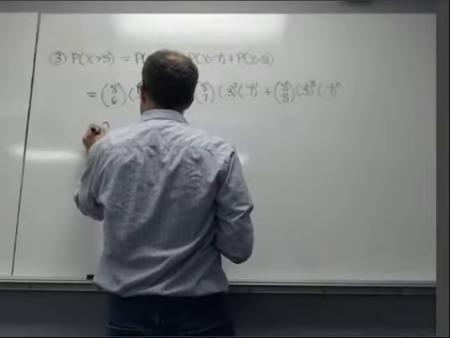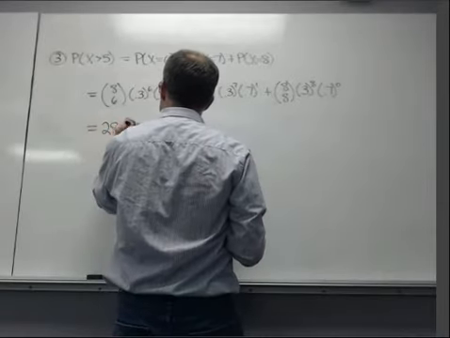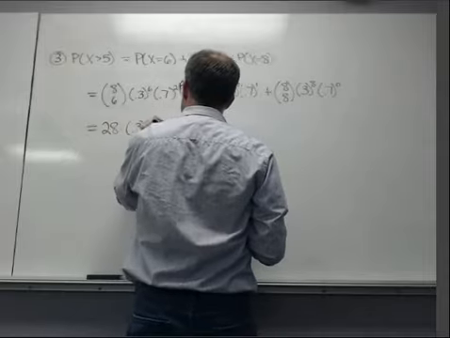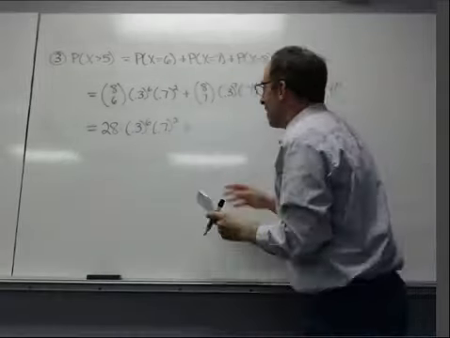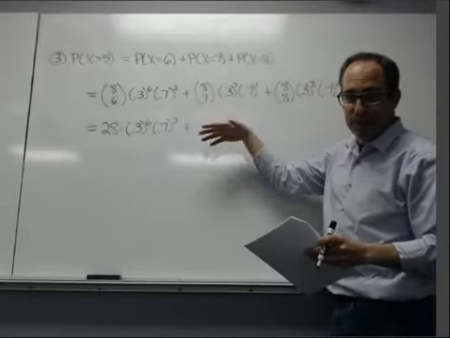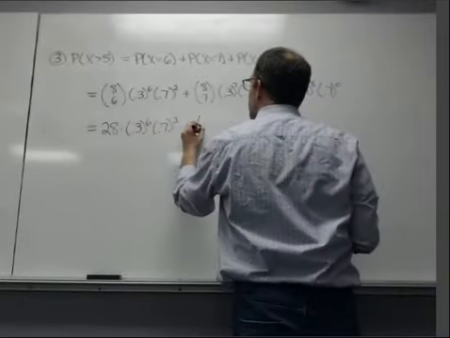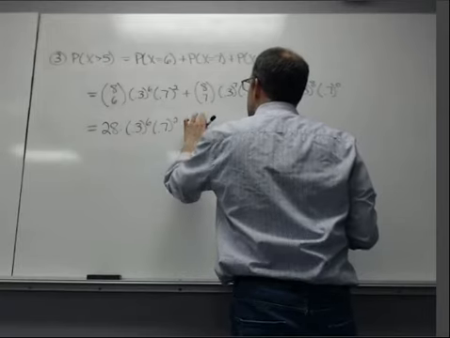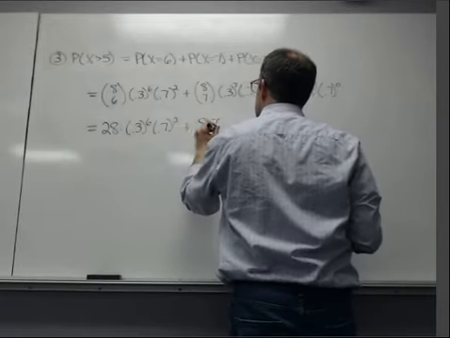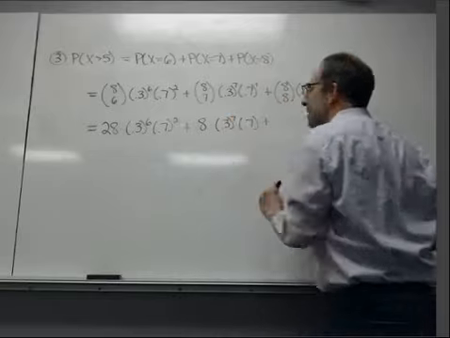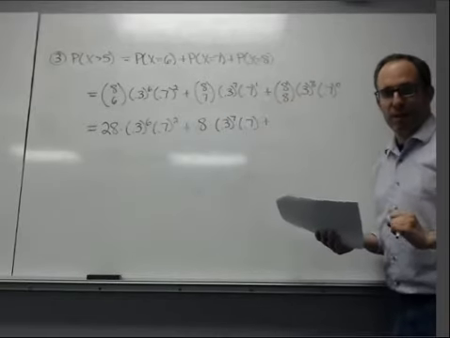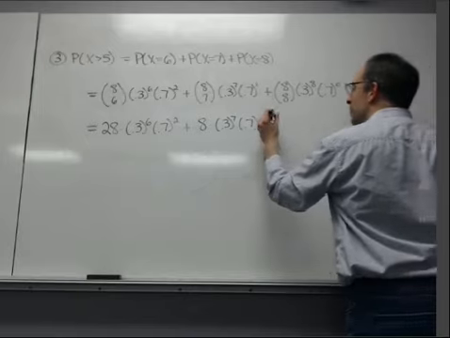So you'd have 28 times 0.3 to the 6th times 0.7 squared. 8 choose 7 is going to be 8, right? How many different ways could you pick 7 things and leave one out? So it's just going to be 8 times 0.3 to the 7th times 0.7. And then 8 choose 8 is going to be 1. How many different ways could you pick 8 things out of 8? 1, you pick them all.